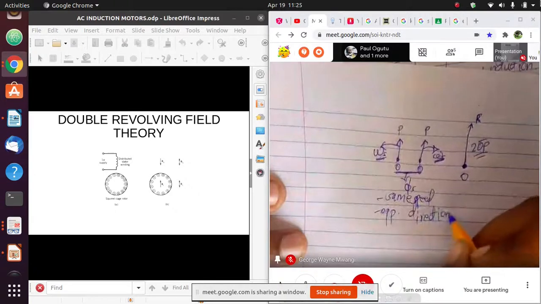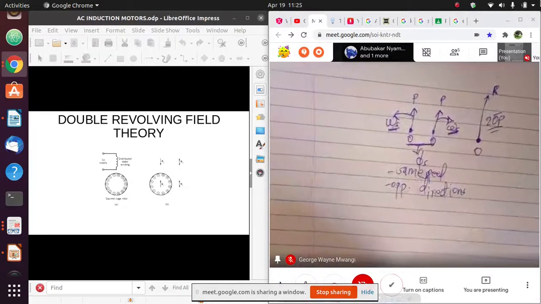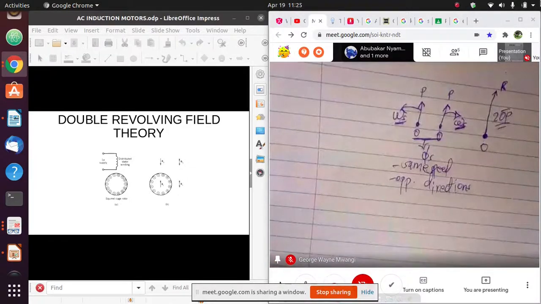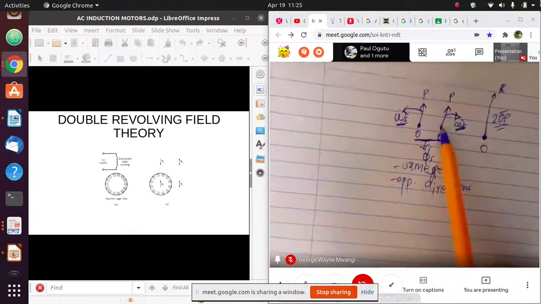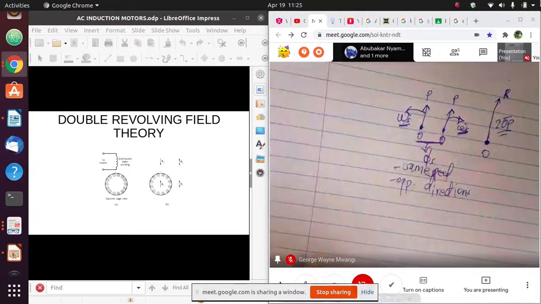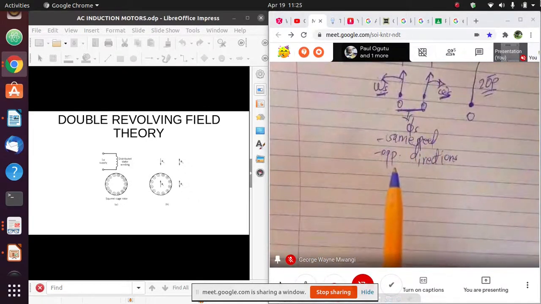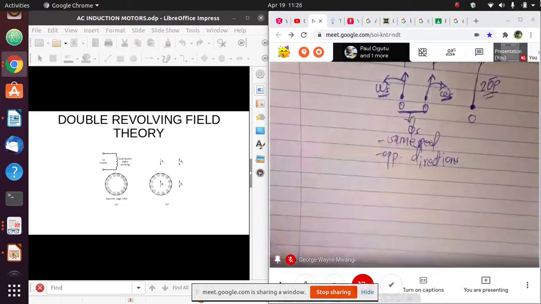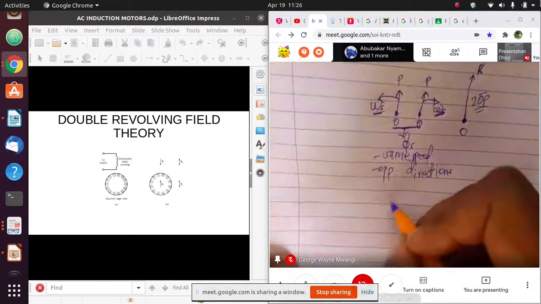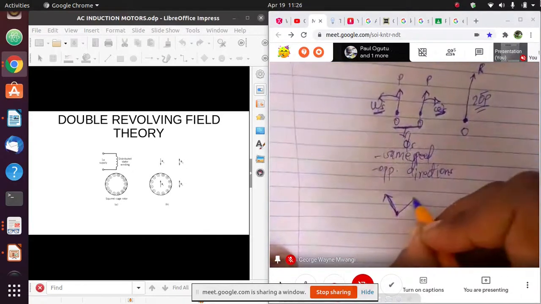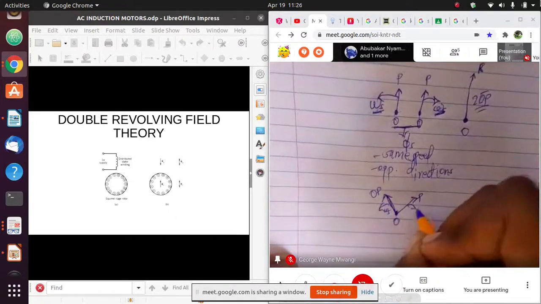Now the vector sum OR will be twice OP, and it is lying on the same axis as the others. Now as these vectors rotate, let's say this is rotating like that, this is rotating like that, this is OP, this is OP, this rotates at omega s, this rotates at omega s.